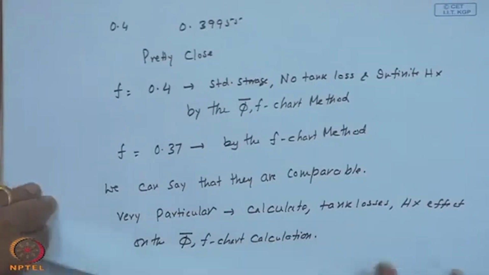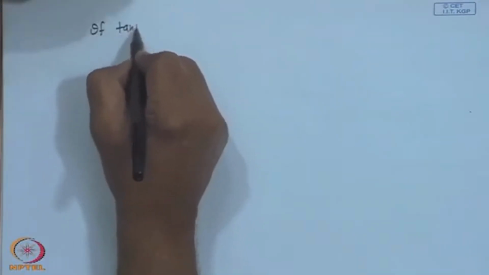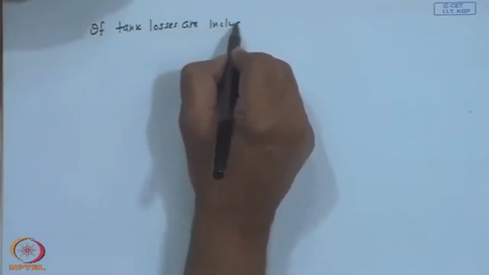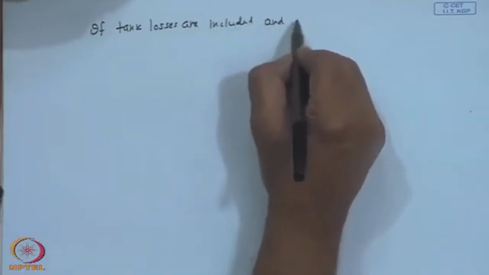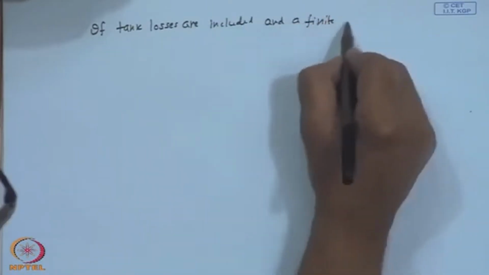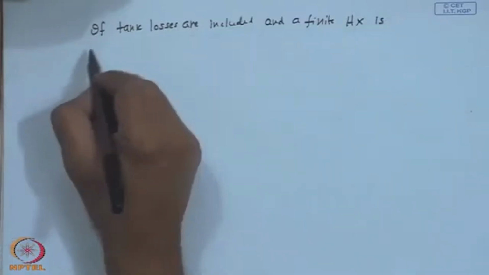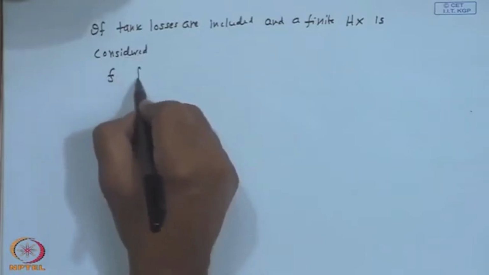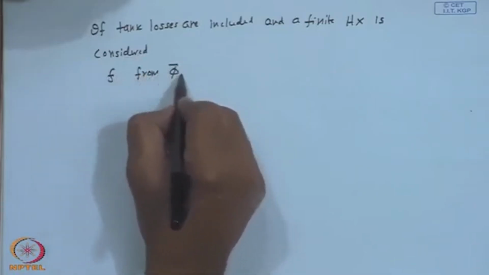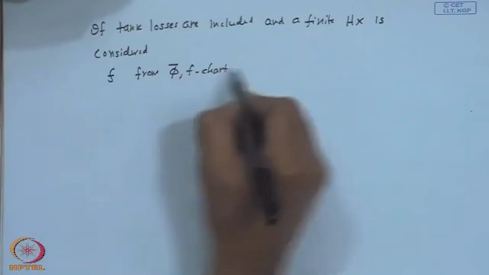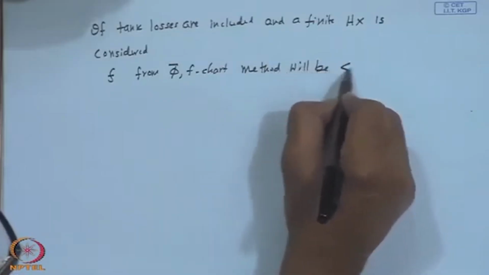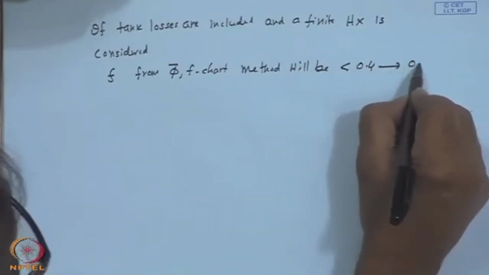So, obviously, if tank losses are included and a finite heat exchanger is considered, F from the phi bar F chart method will be less than 0.4, goes close to 0.37.